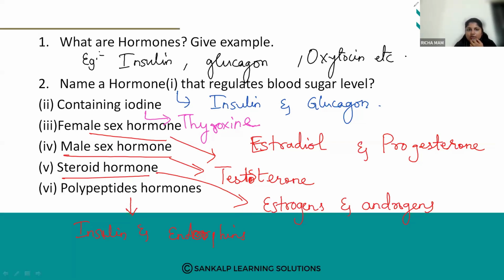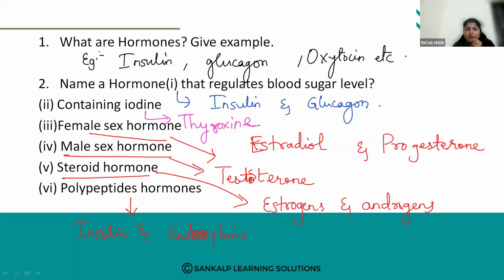So these were some of the questions from the chemistry chapter, biomolecules. This chapter has a weightage of 9 marks and is a very scoring chapter, with very easy and fundamental terms.